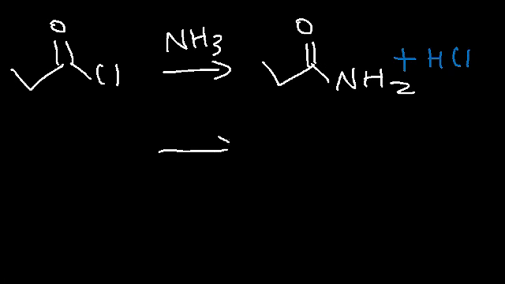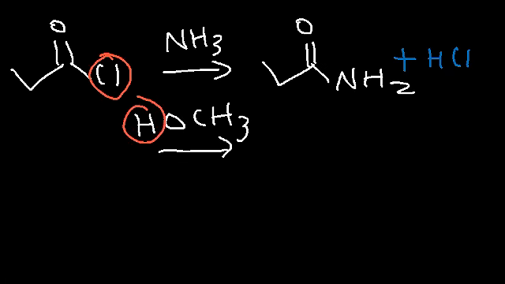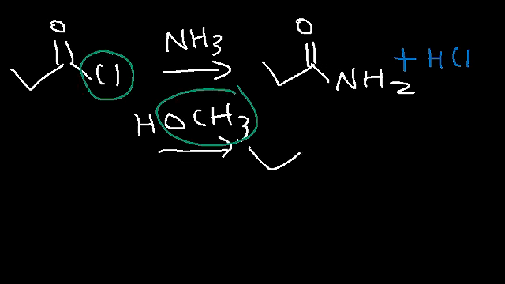You can also add an alcohol. If you add an alcohol, HCl will be removed and you're going to get an ester. So basically, you're going to replace the chlorine with this part of the molecule. And so an acid chloride plus an alcohol will give you an ester.